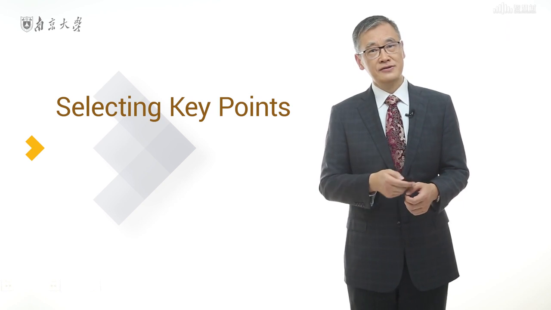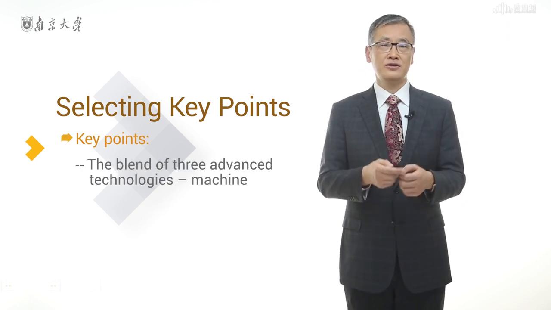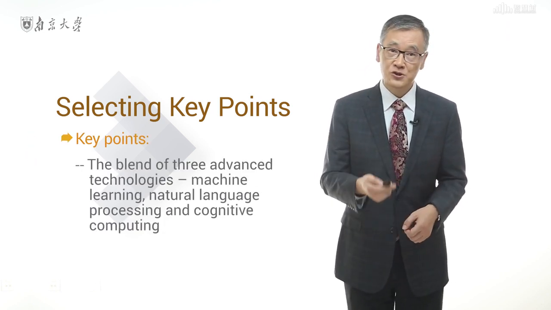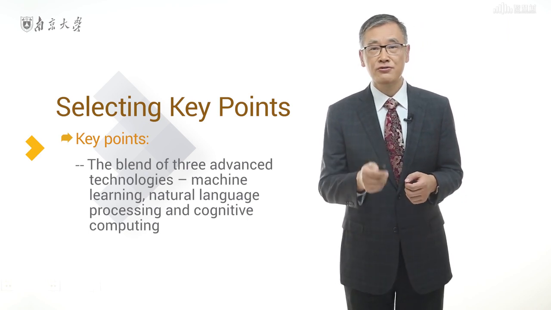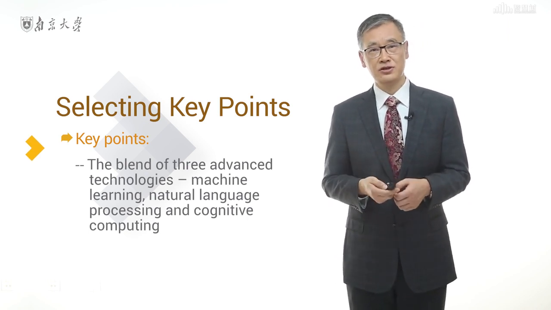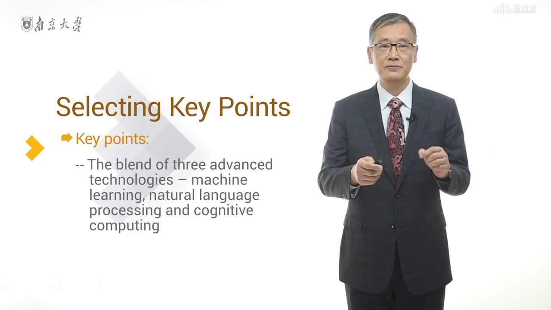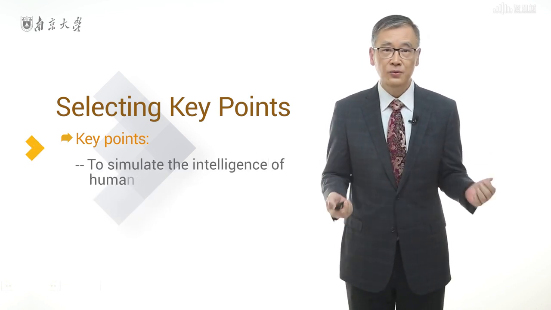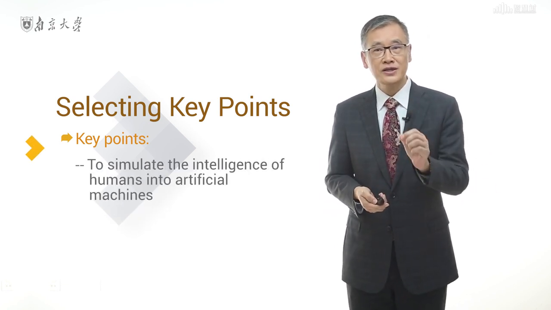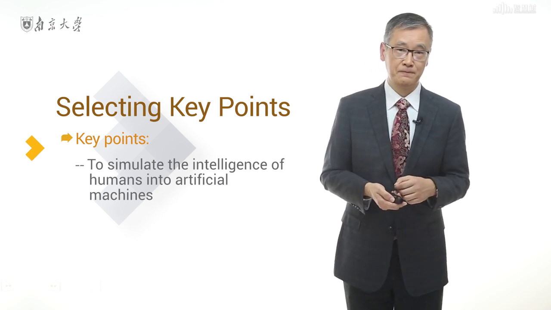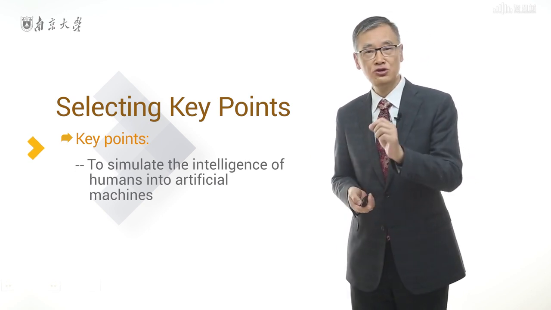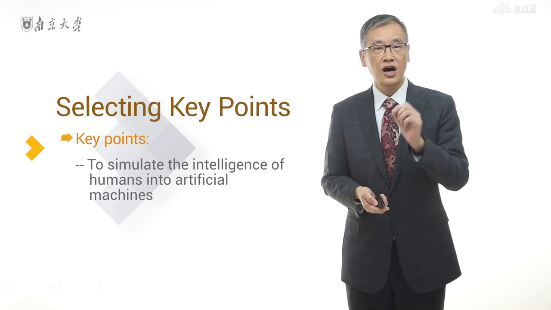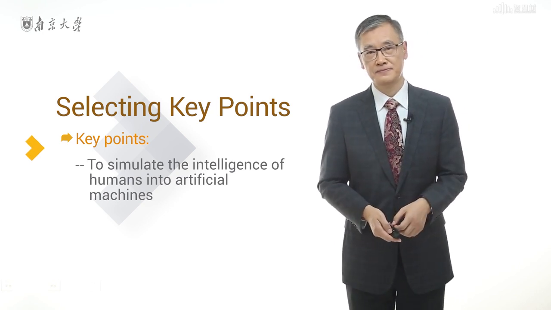The first two sentences give us a definition of AI. First, we learn that there are three branches of technology that work together to make up AI. And then we learn the basic working principle of AI, which is the simulation of human intelligence into artificial machines.